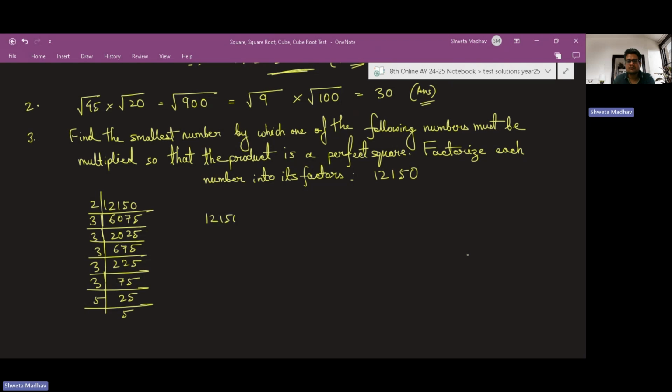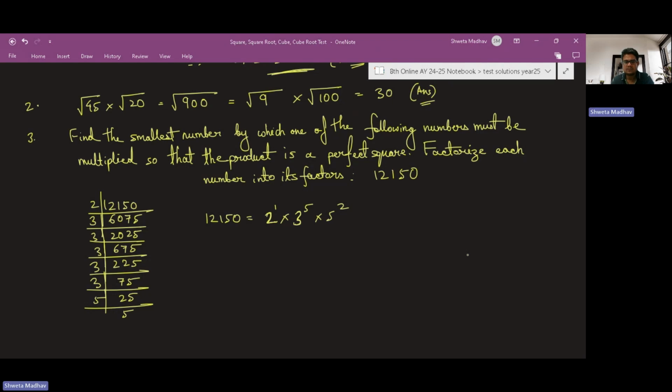Therefore, 12150 can be written as 2 power 1 into 3 power 5 into 5 power 2. So we need one more 3 so that all the 3's come in pairs, and one more 2 is required to form a pair with 2.